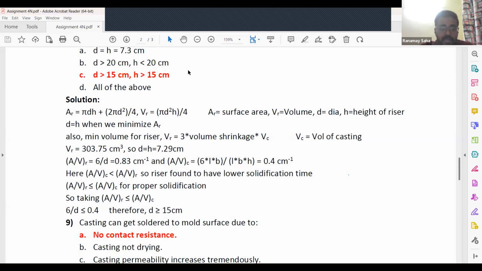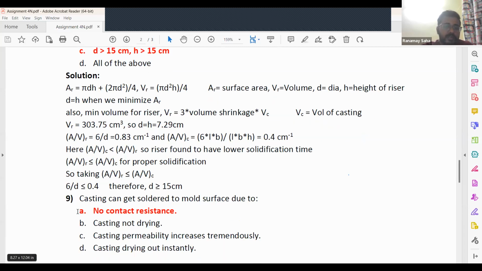We have already discussed earlier that A by B for the riser should be low, right? So the best you can do is equate it to the casting A by B ratio, and using that you find out the new dimension. From that you find that D should be greater than or equal to 15 centimeter.